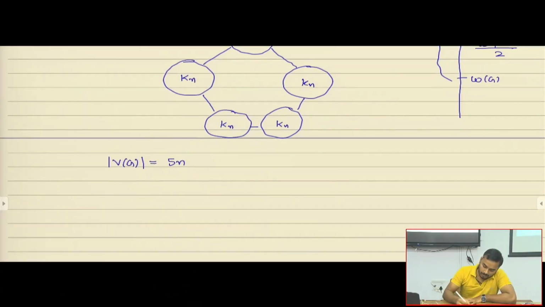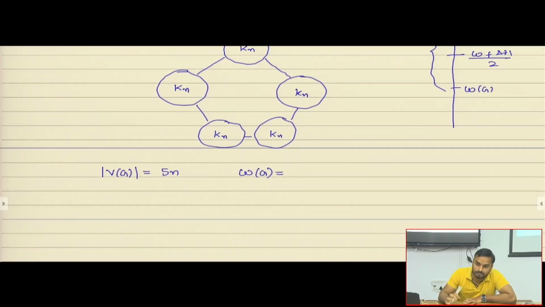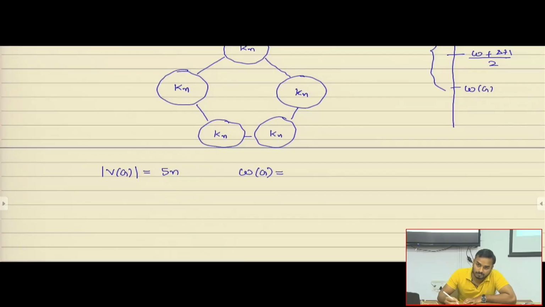And what about the clique number of this graph? It is 2n, right? Because you can take 2 copies of Kn. What about the maximum degree of this graph?